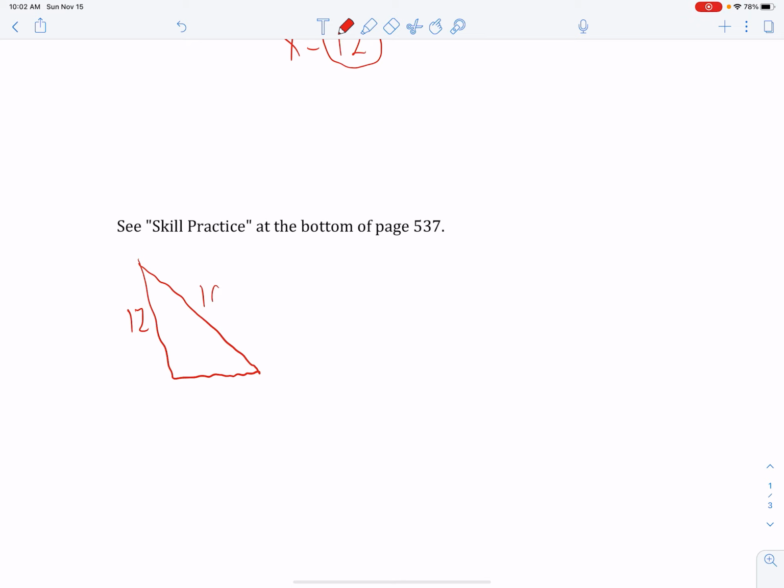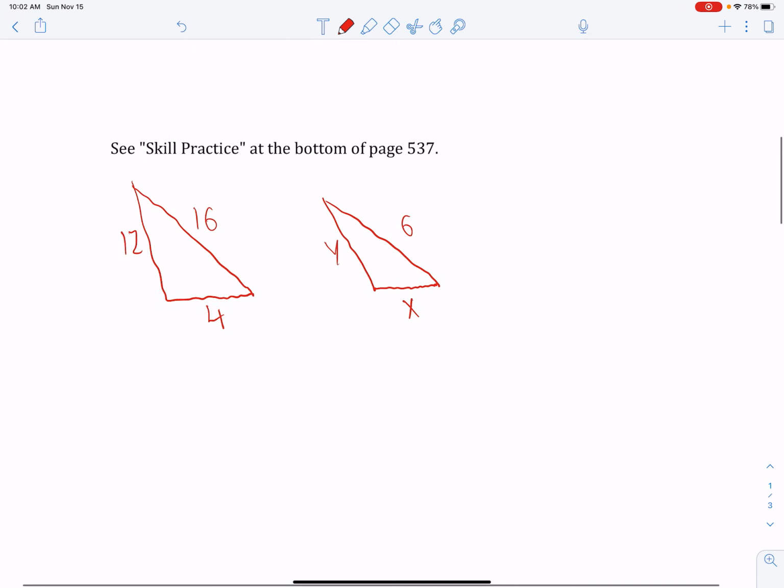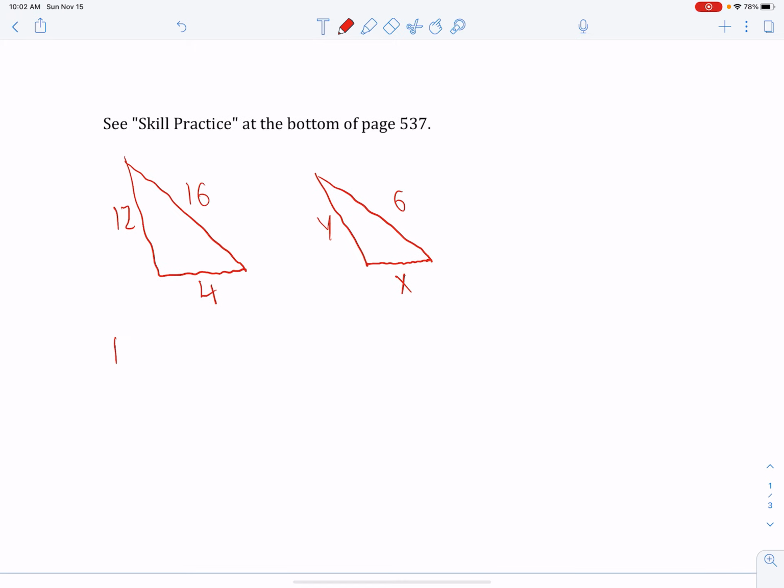So our first triangle, we have sides of 12, 16, and 4. The next triangle is the same angles but smaller, and it has sides of y and 6 and x. So first, we can pick either variable to find first.